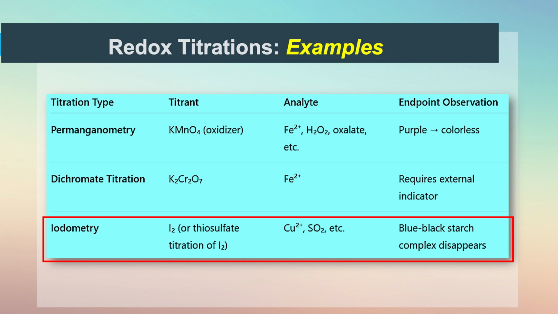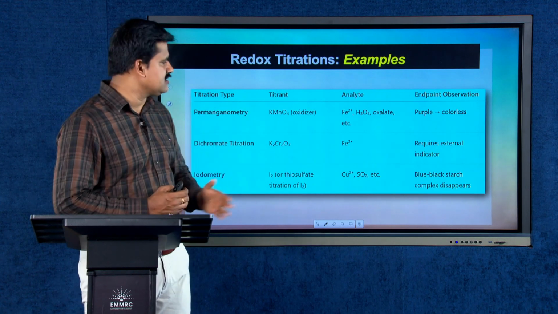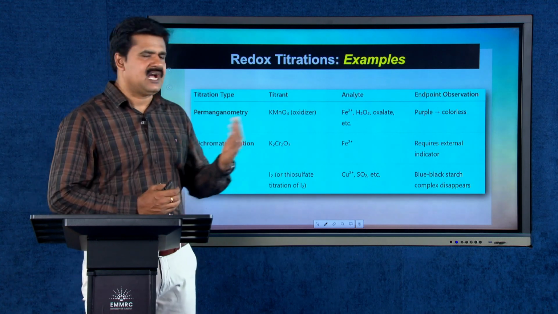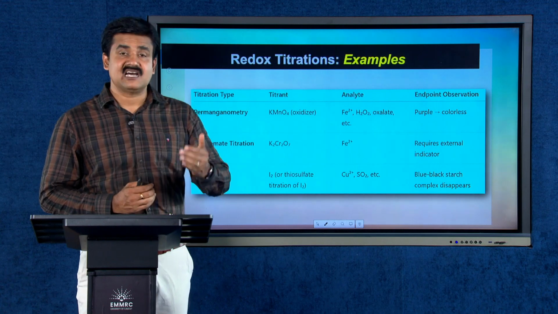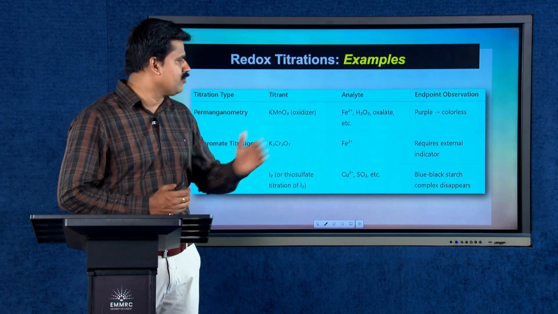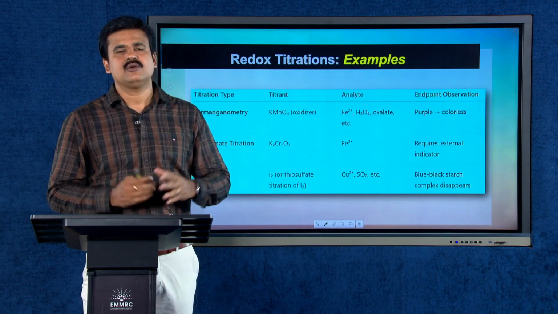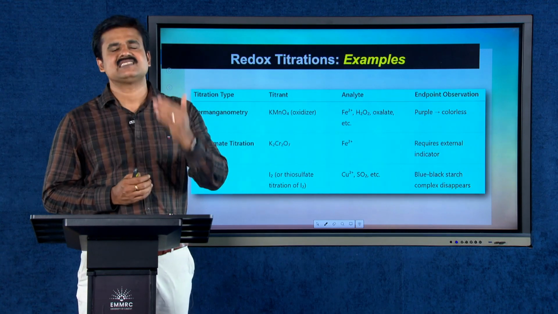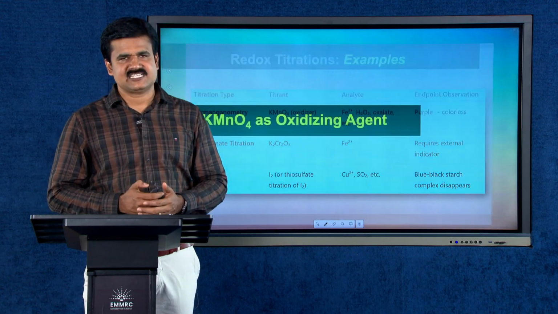That kind of direct and indirect iodine titration we will discuss in the coming modules. And here in iodometric titrations, you can have copper 2+, SO2, etc. as analyte, and in many cases in iodometric titrations we are using starch as the indicator. The blue-black starch complex undergoes decolorization, the blue color will disappear. That means these are some popular categories of redox titrations.